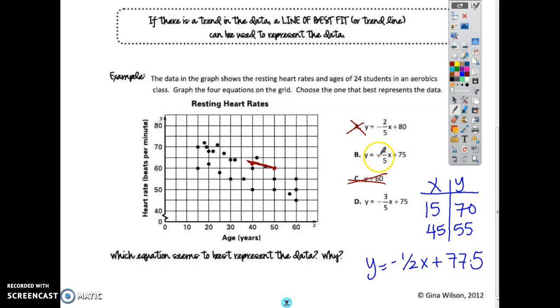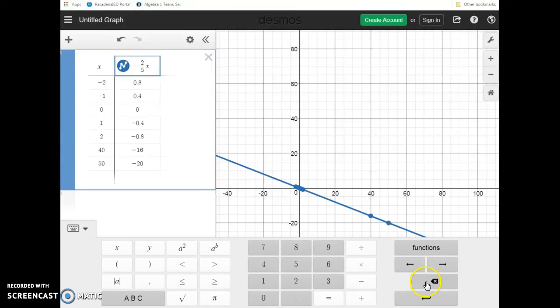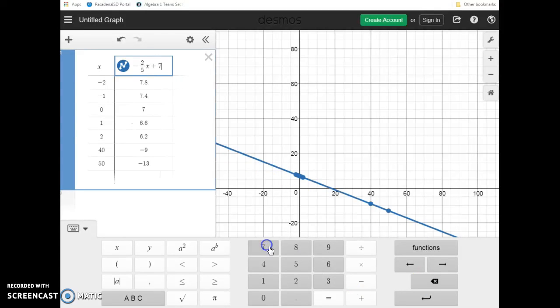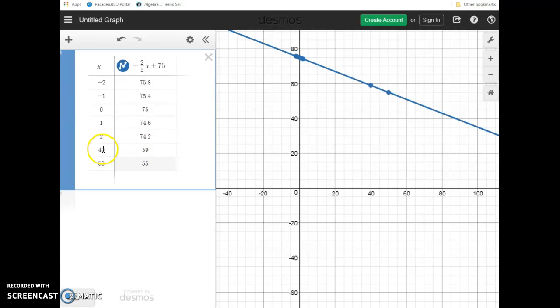Let's use B, negative 2/5 x plus 75. So right here, I'm just going to change the 80 to a 75. Plus 75. And I'm going to use these points now. 40, 59, and 50, 55.